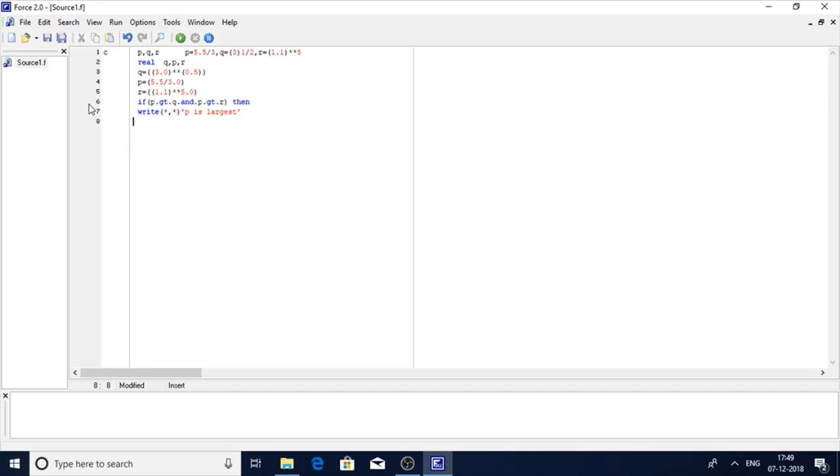And my next statement will be else if, right? Q greater than P and Q greater than R. Then, all right. Q is largest.